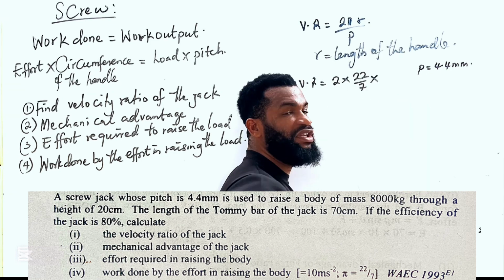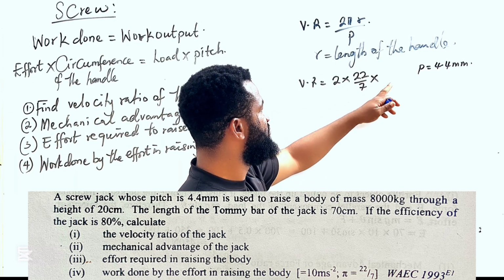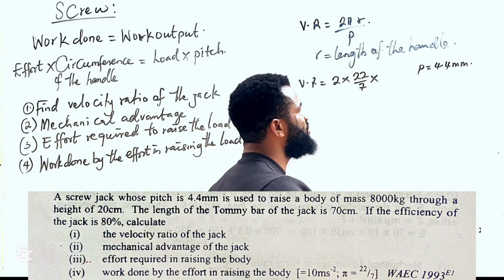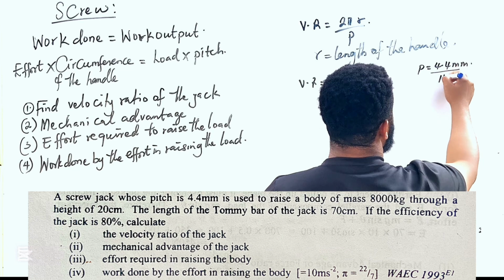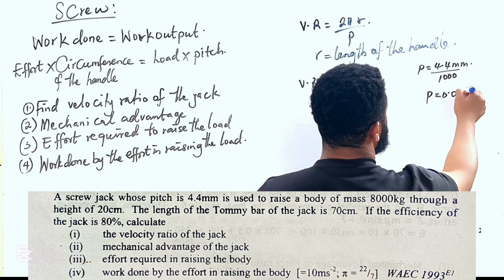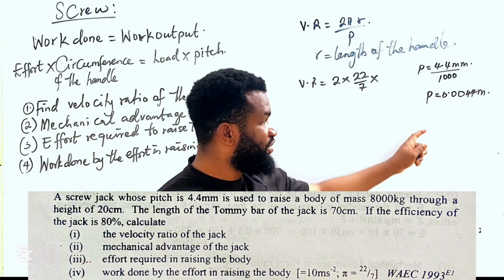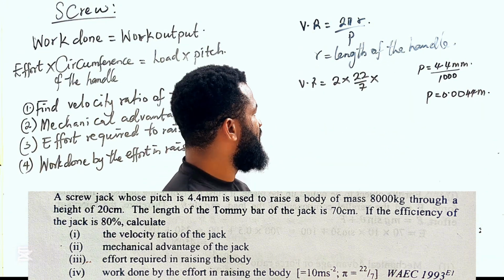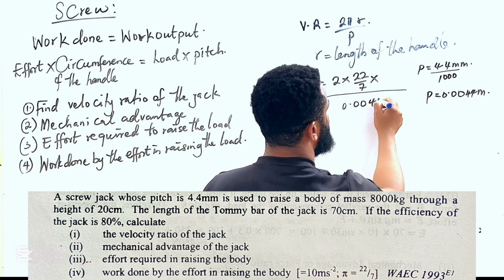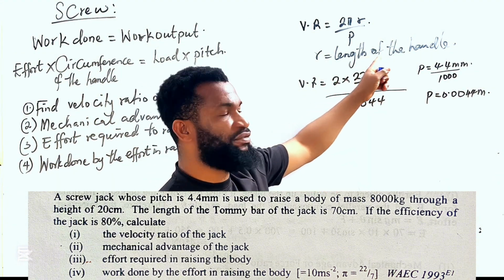Now this 4.4 millimeter, I have to convert to meters, because this is length based. Converting it, we divide by 1000, and we say that the pitch is equal to 0.0044 meters. So that is the pitch, which is all over 0.0044, then times the radius, the r, which is the length of the handle.